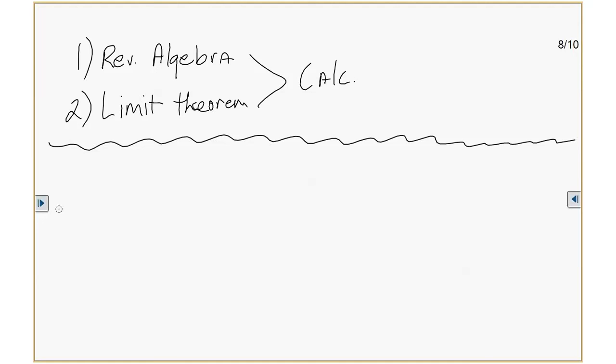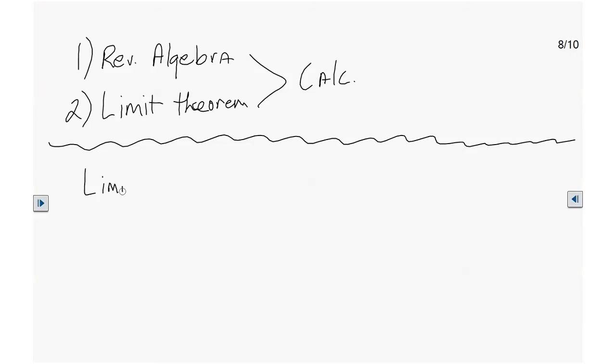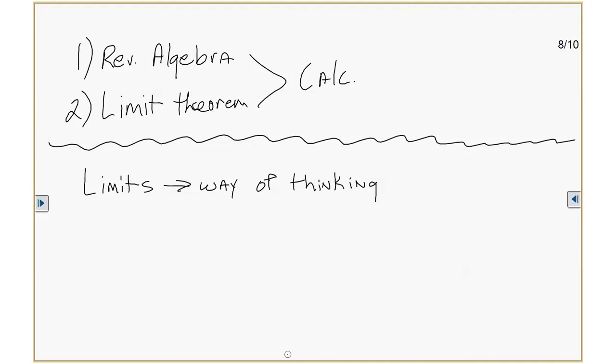The limit theorem is basically a way of thinking. Limits are a way of thinking. Is it the way of thinking that you use every day? No, it's not. That's why it's so difficult for people to understand what calculus is.